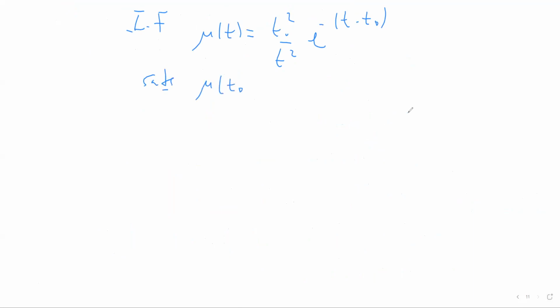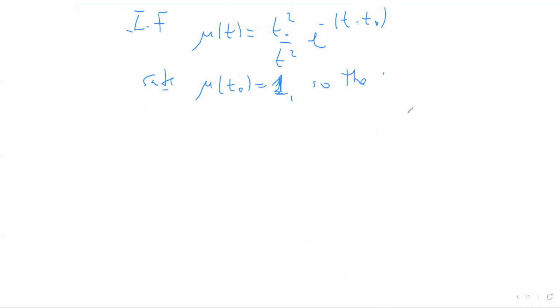And then we can use the integrating factor method. We take an integrating factor mu(t) = t0 squared over t squared e^(-(t - t0)), and this satisfies mu(t0) = 1.